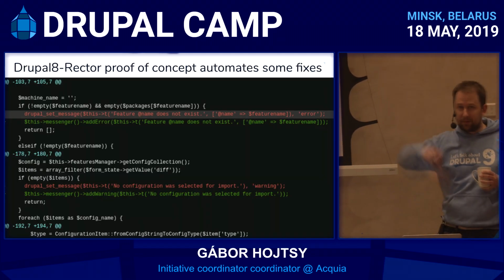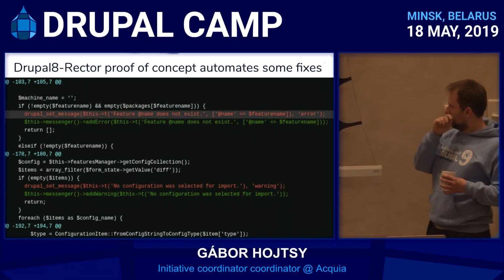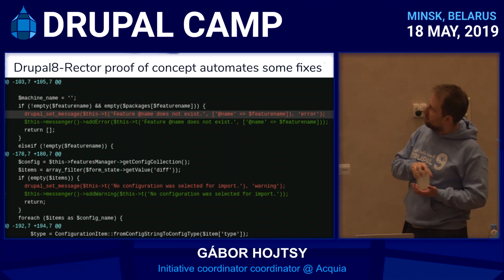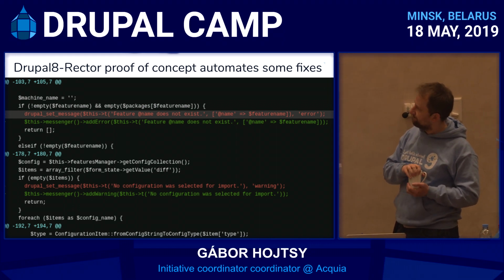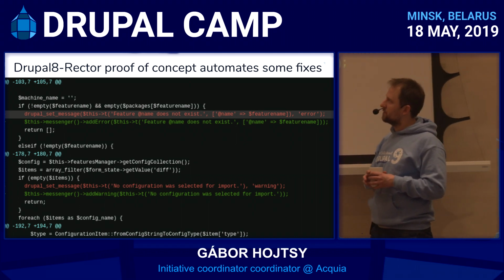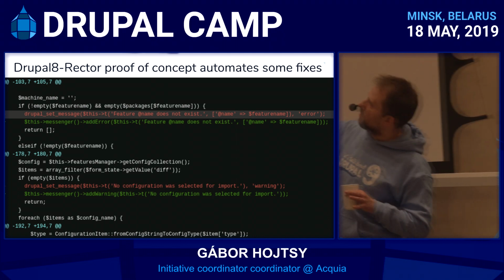And then, on top of this, there's a proof of concept tool that Dezső Bicó has been working on in Hungary. The project is called Drupal 8 Rector. It not just finds your deprecated things, it suggests a patch to fix them.